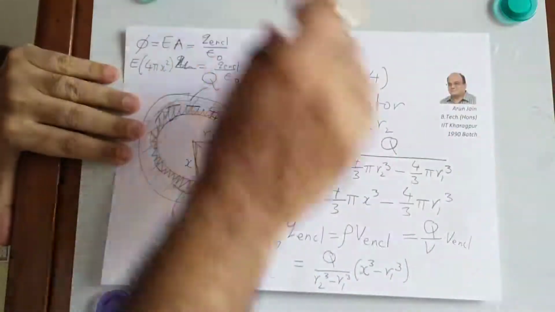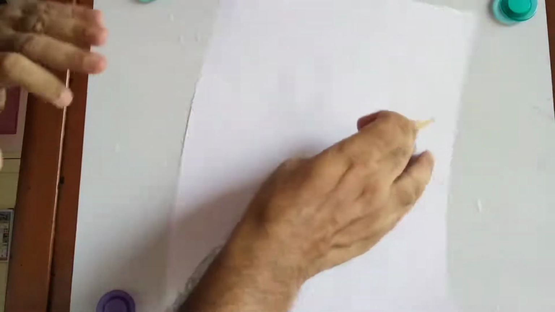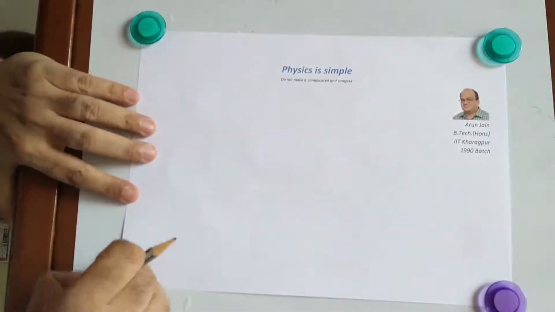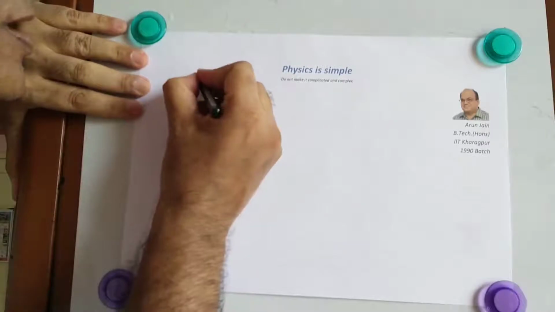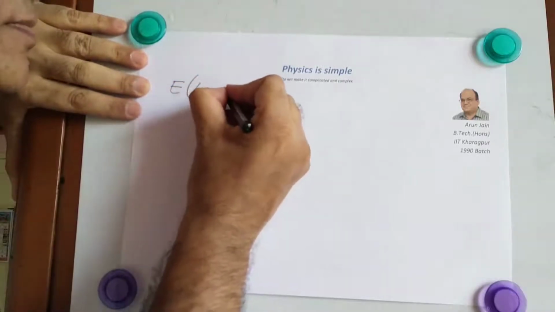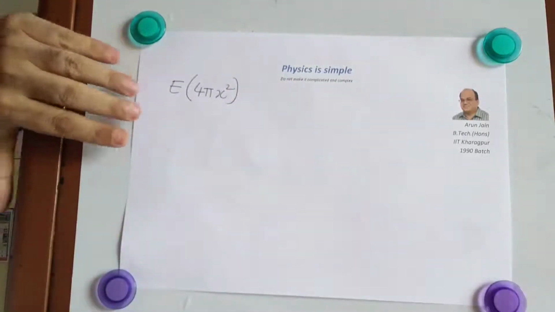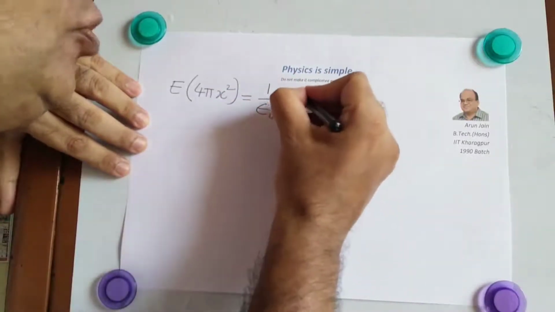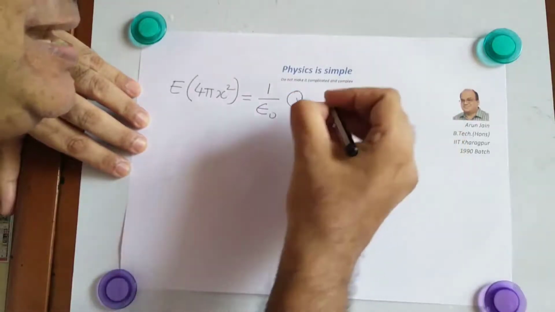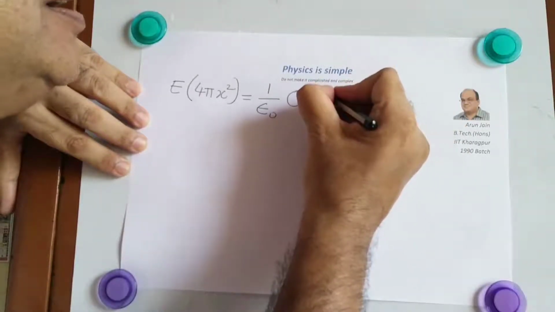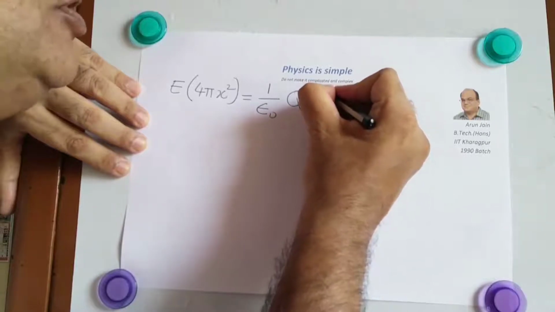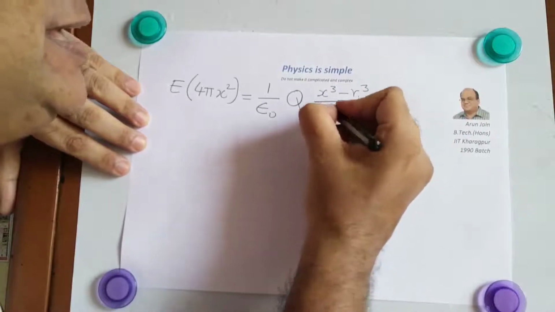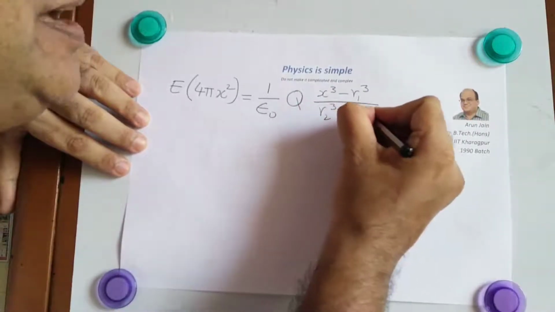So basically, the equation that we get is E into 4 pi x square equal to the charge enclosed by epsilon naught, so 1 by epsilon naught into Q, and the volume inside the Gaussian surface is proportional to x cube minus r1 cube, and the net volume of the material is r2 cube minus r1 cube.